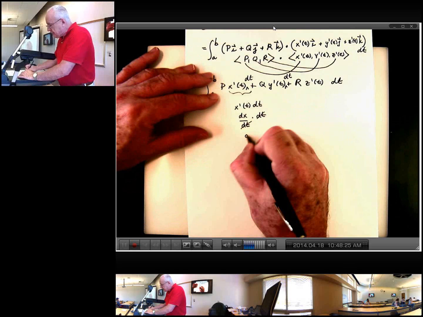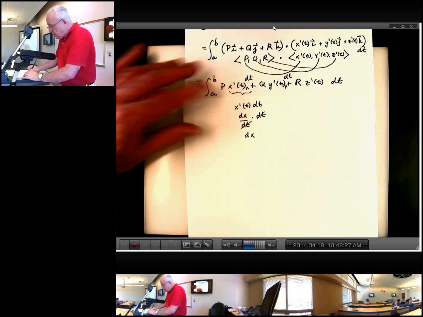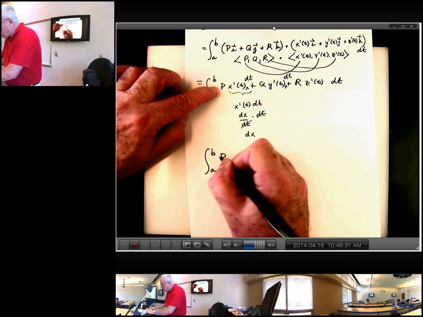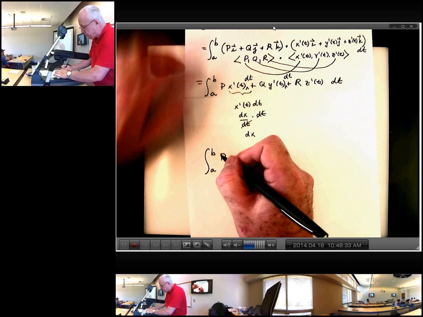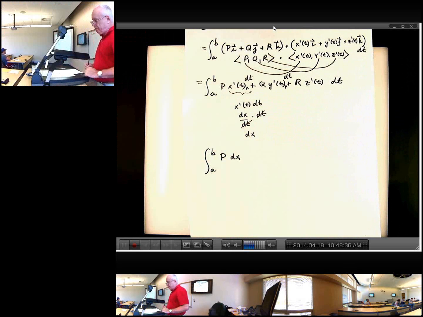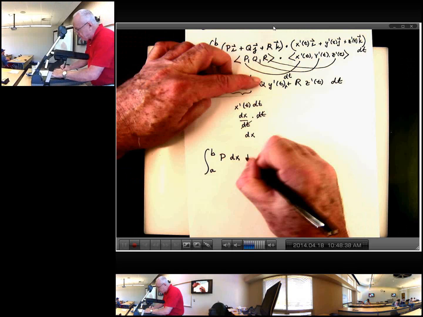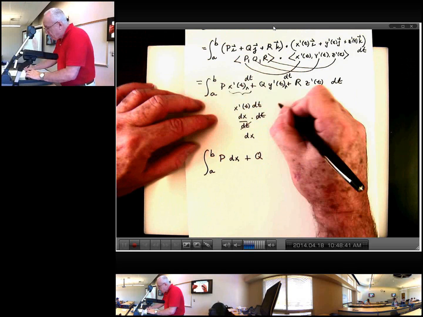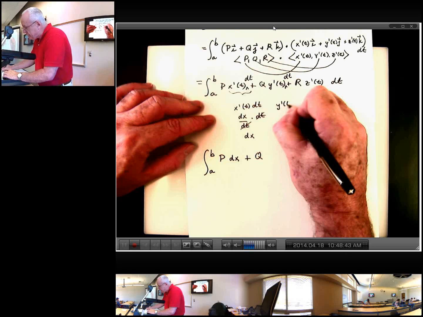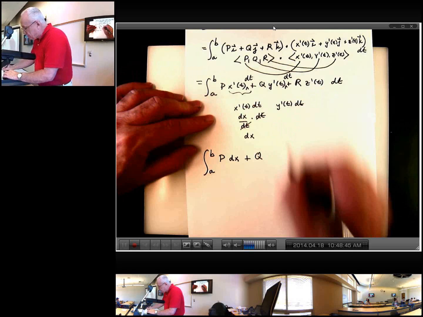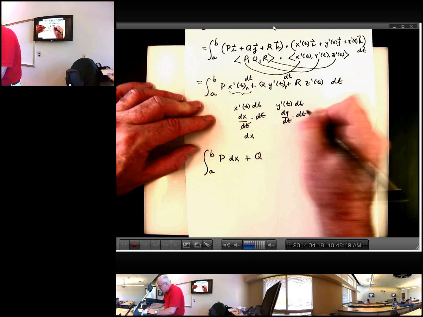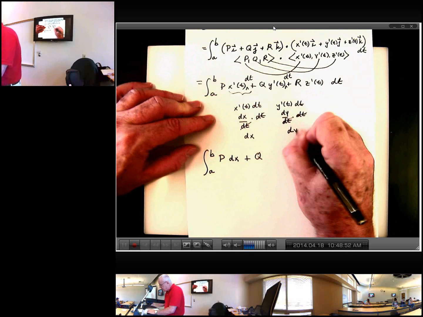So that's the same as dx. So here I have the integral from a to b of P, our first component of the force, times dx. And then the second part: we have Q, but now we have y prime of t dt, which is the same as dy/dt times dt. Cancel out the dt's, pass the dy.